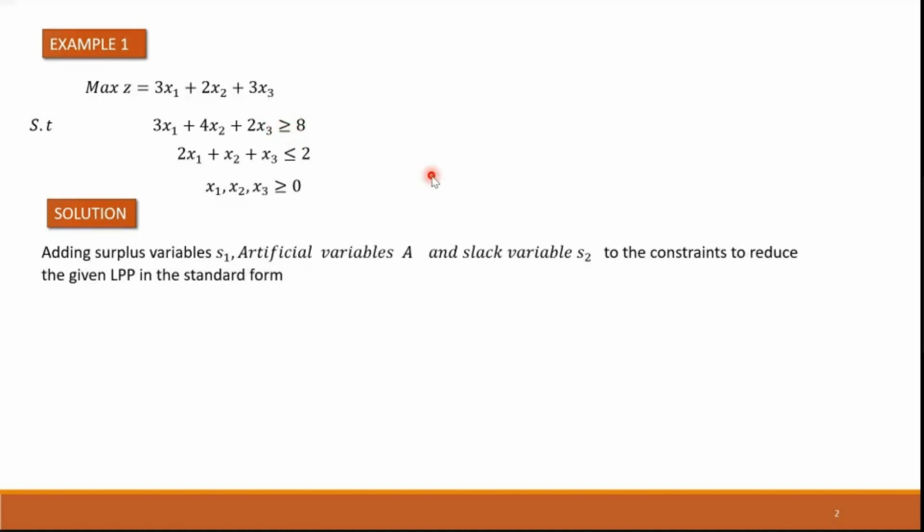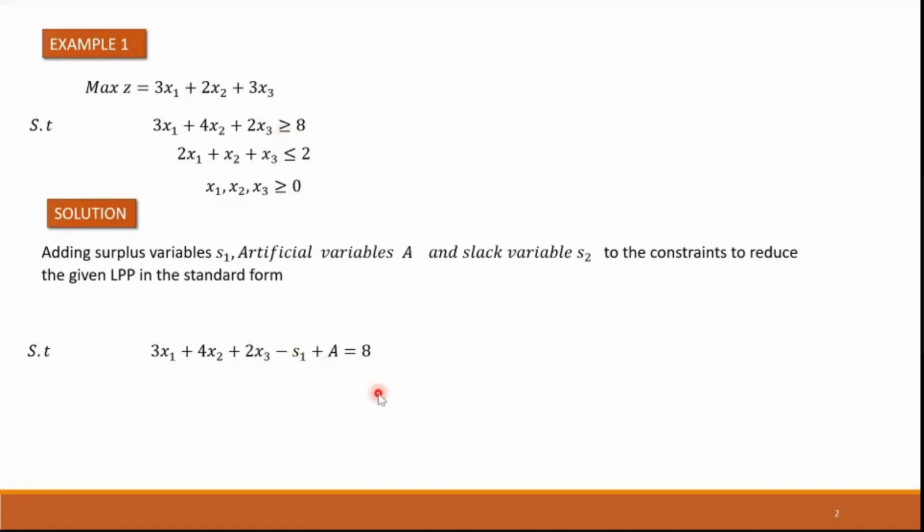So in the Big M method, artificial variables are added to greater than or equal to constraints and equal to constraints. Here we have one greater than or equal to constraint, so we have to add one artificial variable. So in the first constraint we have to subtract a surplus variable and add an artificial variable.